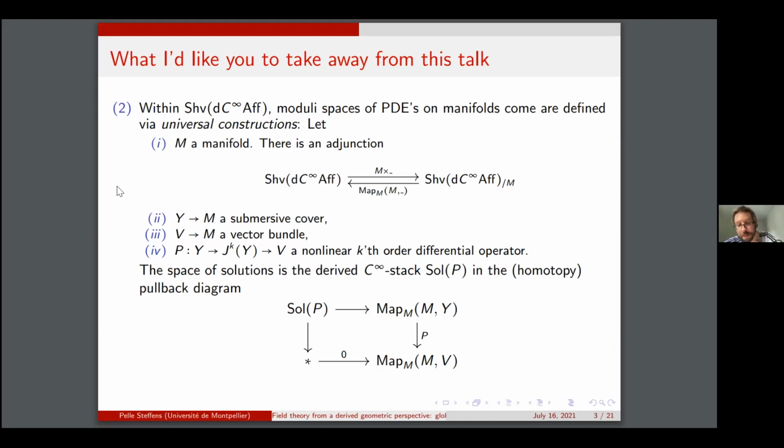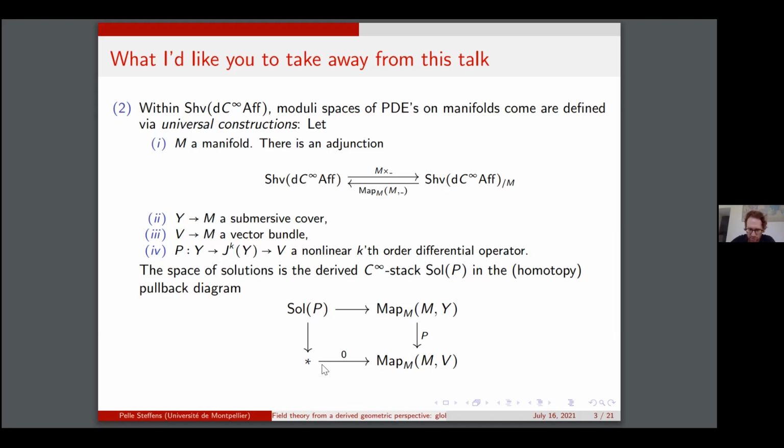So summing up, you say that what you call Sol P, when P comes from an action, you can relate it to the critical locus. It's the same derived stack. Yes. But if P comes from an action, this diagram would look a little different.